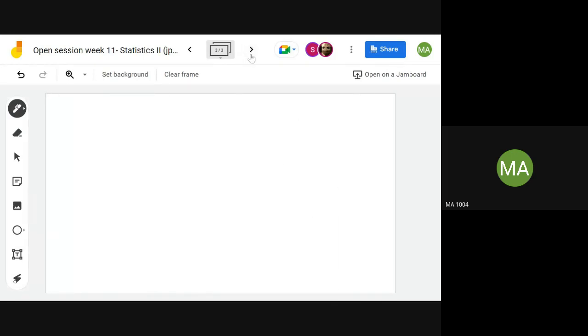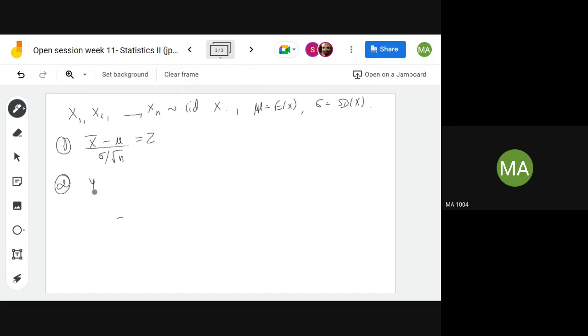You say x1, x2 up to xn are samples coming from X. In the first form I've written x bar minus mu upon sigma upon root n, this is Z, where mu is the expected value of X and sigma is the standard deviation of X. The second form is y minus n mu upon sigma under root n, which is Z, where y is x1 plus x2 plus up to xn.